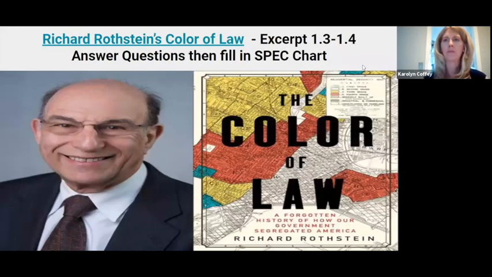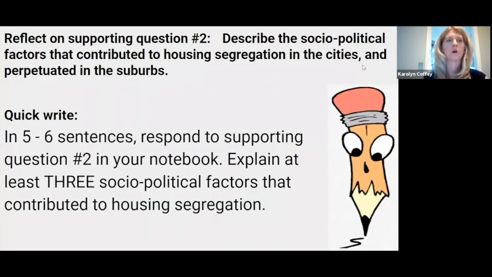Again, this will be followed up by the last two excerpts from the book, The Color of Law, that reinforce those concepts from the mixer activity. The end of this section asks students to think about, process all the information, and describe the social and political factors that contribute to housing segregation in the cities and perpetuated in the suburbs. We're going to bring it back to that supporting question, and students will answer this in 5 to 6 sentences again in their notebook using material from this section of the unit.